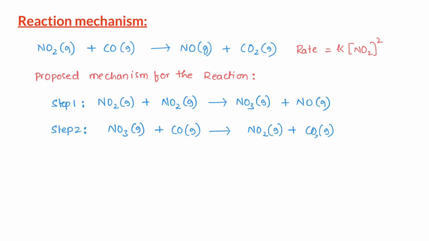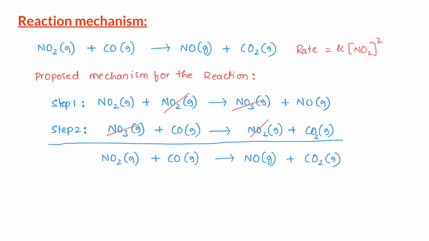In step 2, the nitrogen trioxide gas molecule formed in step 1 reacts with carbon monoxide to form nitrogen dioxide and carbon dioxide. If we add step 1 and step 2, we get the overall reaction equation.